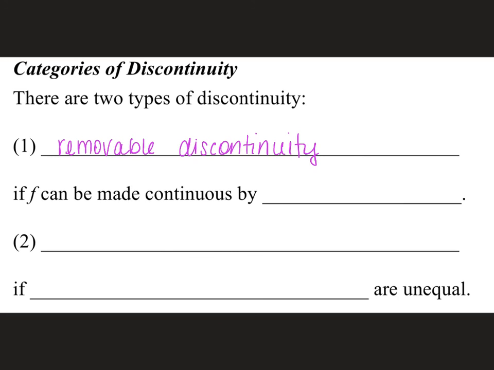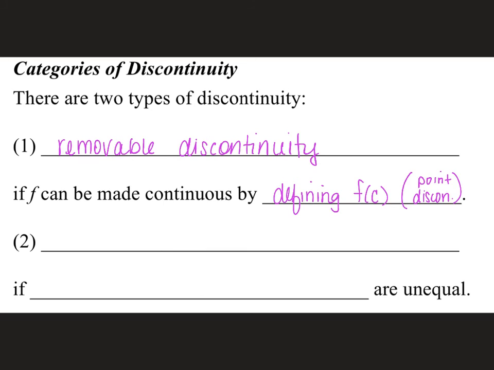Okay, so a removable discontinuity, it's called that because f can be made continuous by just defining one specific point, so by defining f of c. Okay, so basically this is like a point discontinuity. Okay, so one specific point is missing. So if we could replace one point back in, that's what's called a removable discontinuity.